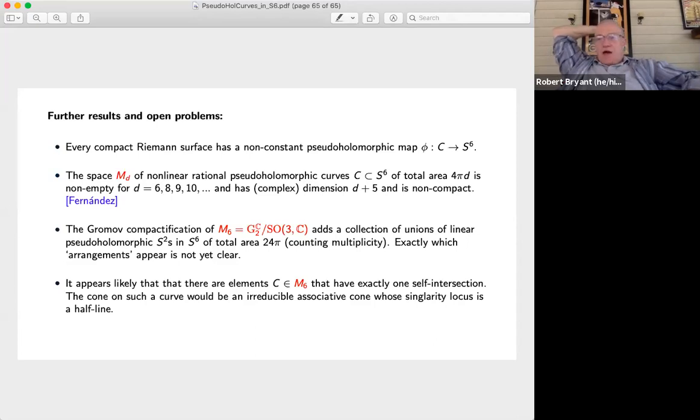But I believe that Zhenhua Liu has given me an argument to say that there should exist examples that are not cones, that have singular loci that end in points. I haven't understood the argument yet.